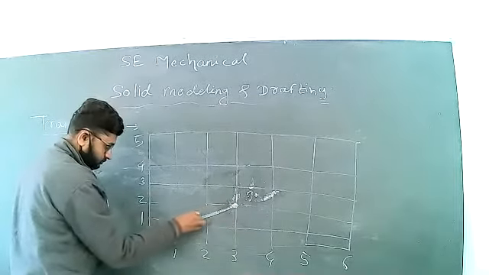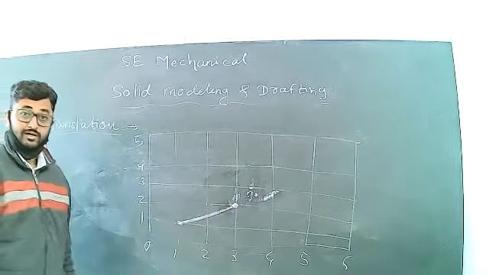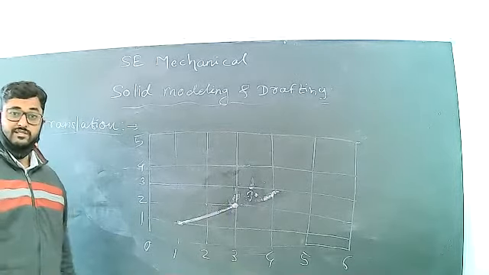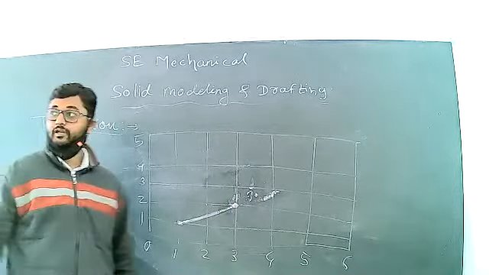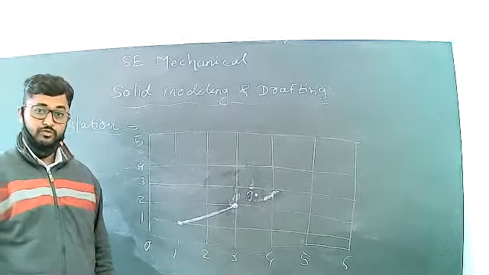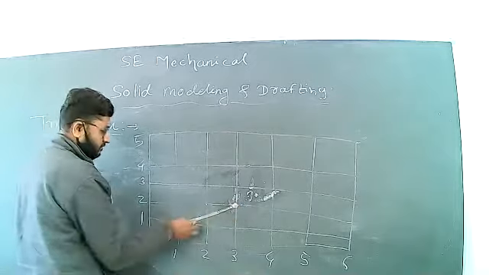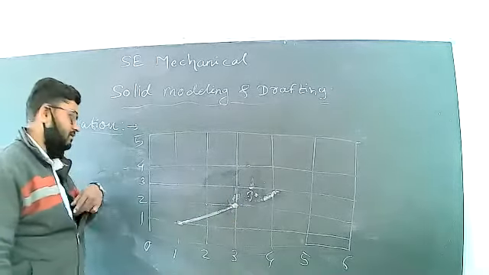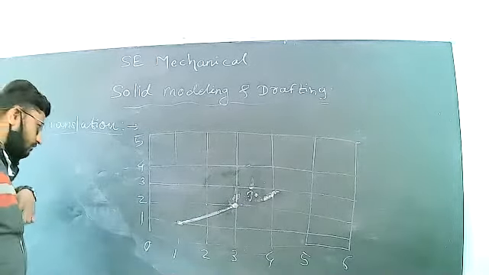So for this line, translation means what? The definition of translation is every entity of a geometric model remains parallel to the original position. For example, I draw this line as a geometrical model.